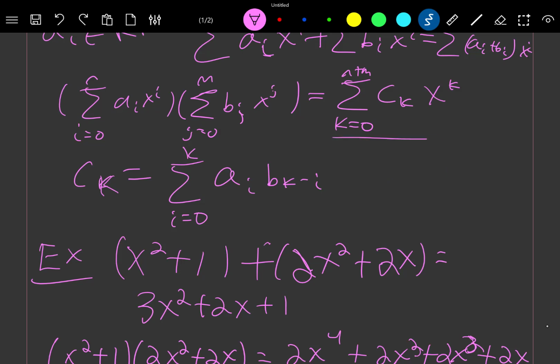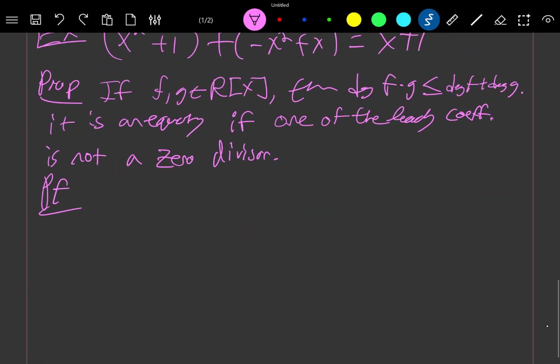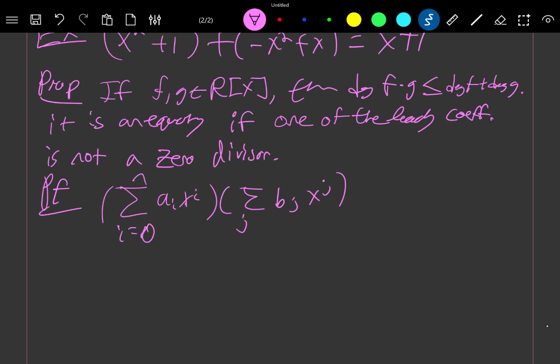Thus, we're going to have a_n times b_m, but what could go wrong is if we have a zero divisor. So if we have, say, a_i x^i and b_j x^j, then the largest coefficient we see, the coefficient of x to the n plus m, is a_n times b_m.